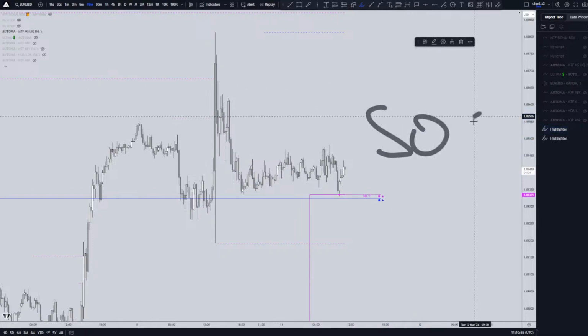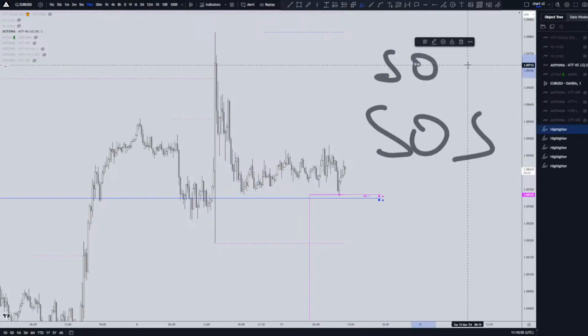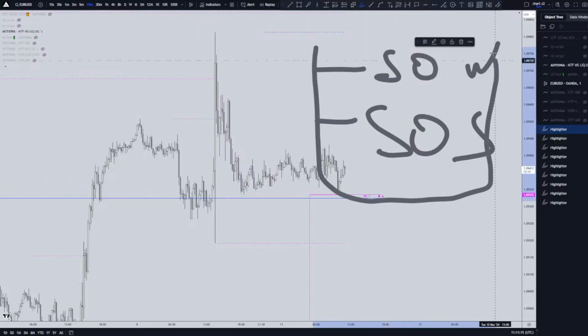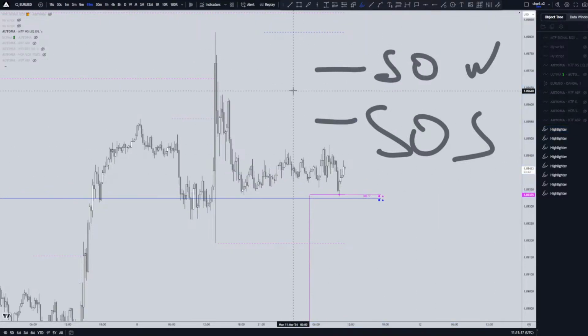By a sign of strength or a sign of weakness. Sign of weakness, you are bullish. Sign of strength, you are bearish. Sign of strength, you're looking for buys. Sign of weakness, you're looking for sells, and you're playing from level to level, because that's where we can recognize the first sign of strength, first sign of weakness.